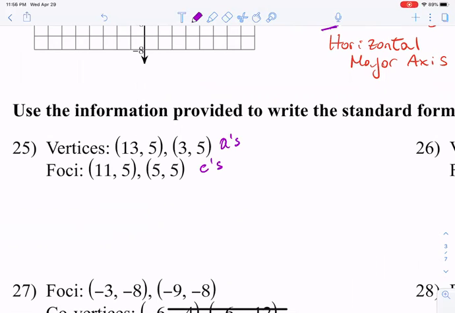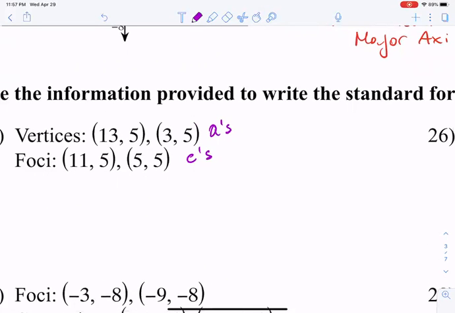That's how it makes my life easier. So if you look at here, they give us the vertices and the foci. And remember the relationship I mentioned before, the vertices and the foci. What I suggest you do is look at these numbers right here.